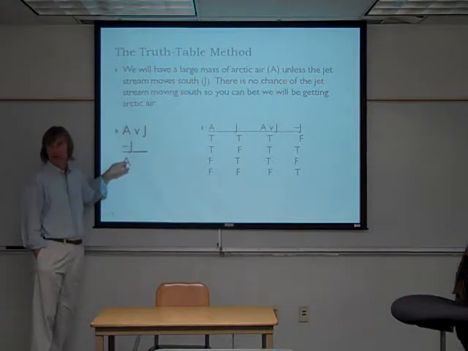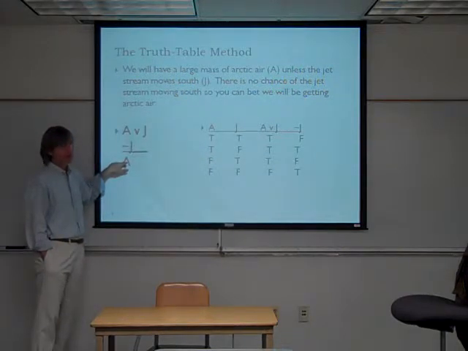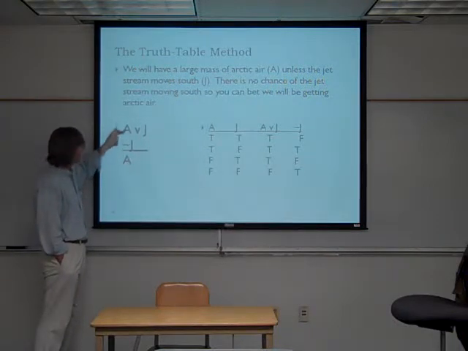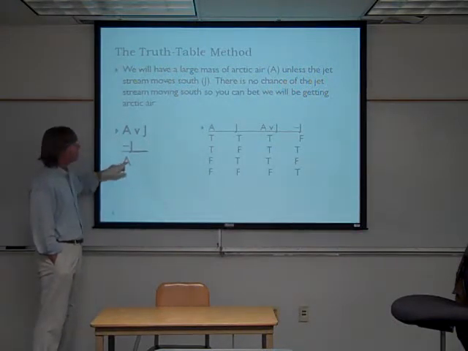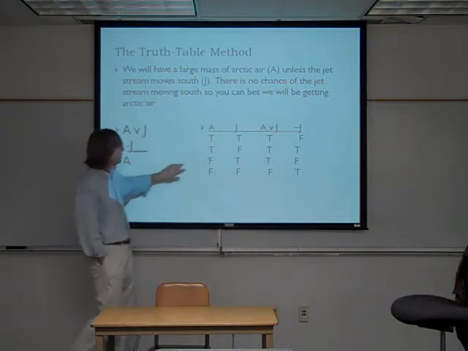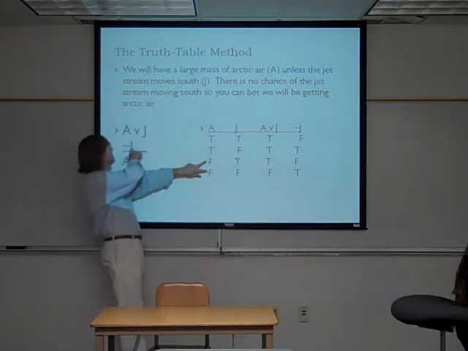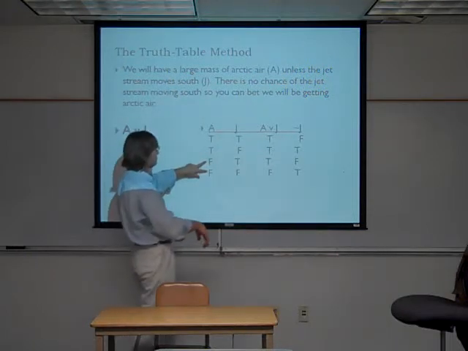That's the key here. When we construct a truth table, what we need to make sure is there is no instance where this and this are true and this is in fact false. So we look at these where A is false, and we need to find one where not J is true and the disjunction of A and J is true.